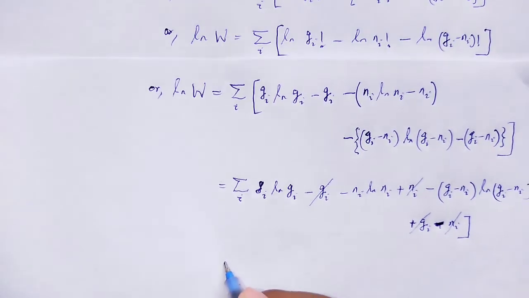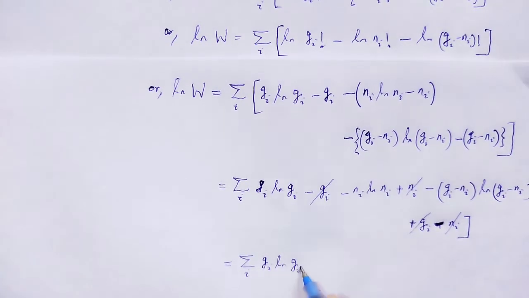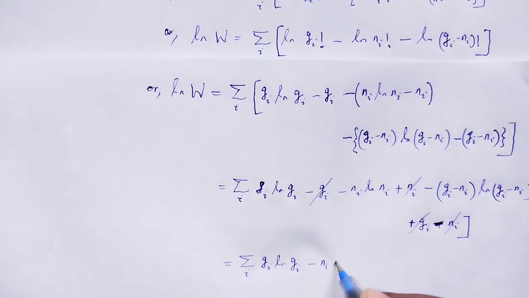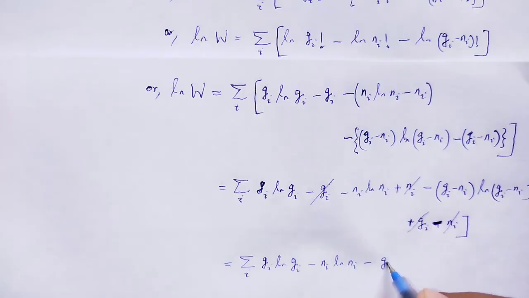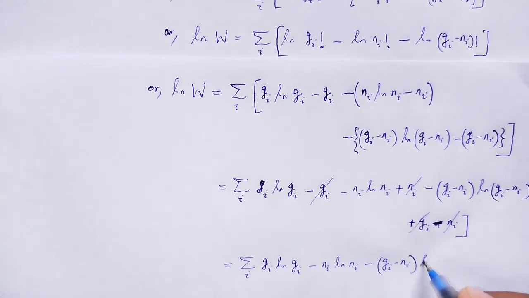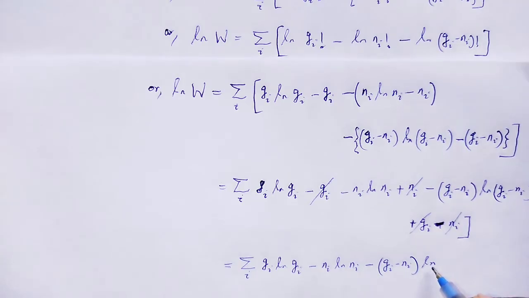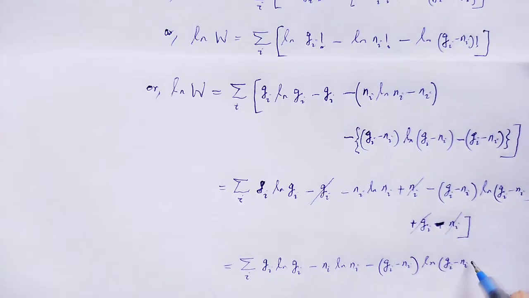The term we obtain is summation over i of Gi ln Gi minus Ni ln Ni minus Gi minus Ni whole into ln Gi minus Ni.